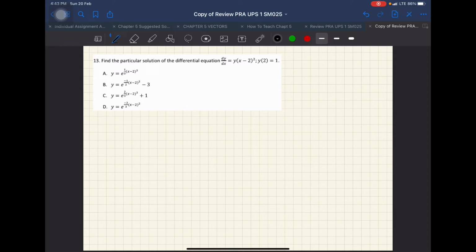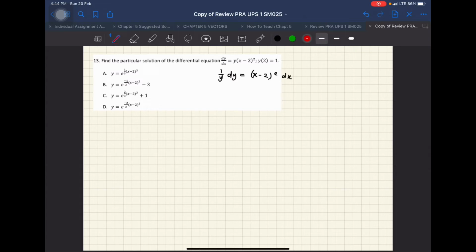It's about integrating factor. Here, we can see that our question can separate the variables, because y here sits together with x here. So you can move y to the left hand side and just let x be on your right hand side. This one goes over there as well. So you will get 1 over y dy is equal to (x minus 2) squared dx.